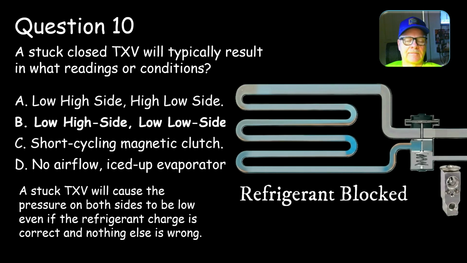So she came back, hooked the AC gauges up, watched the readings, and it was cooling to start with. And then as the cooling faded away, both sides went low. And I said, well, she's got a bad expansion valve. And it took 30 minutes for her to do this, which is unusual because usually it's just right all the time. So her expansion valve was not operating right.